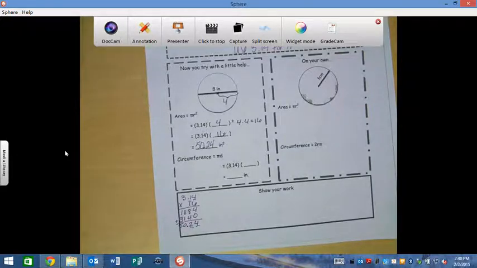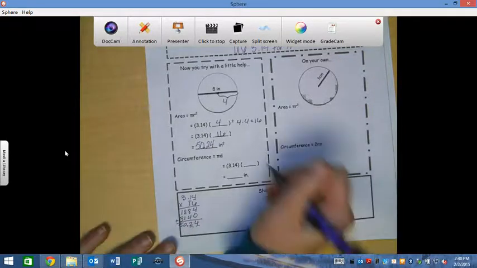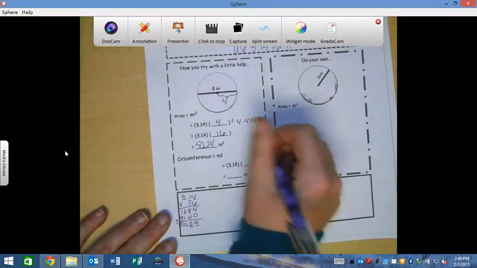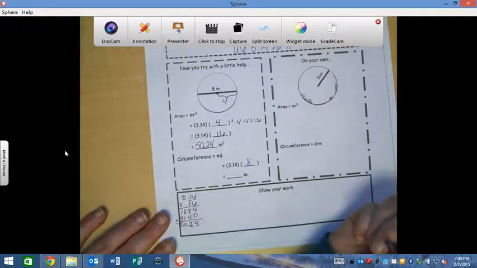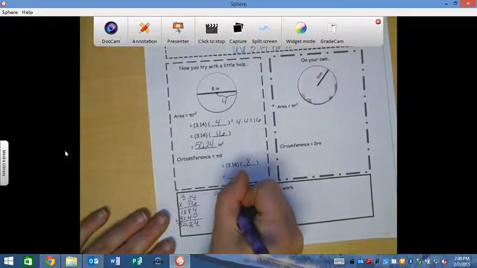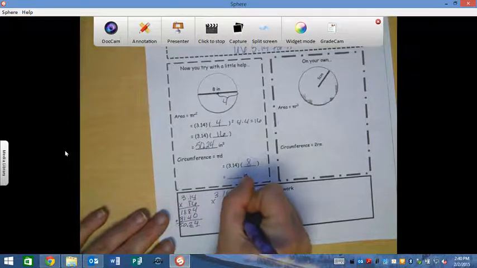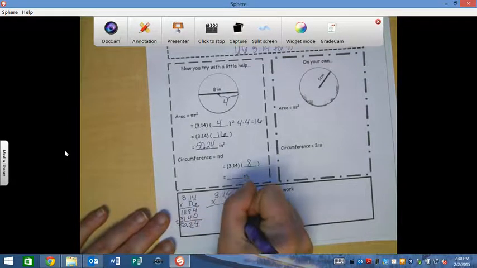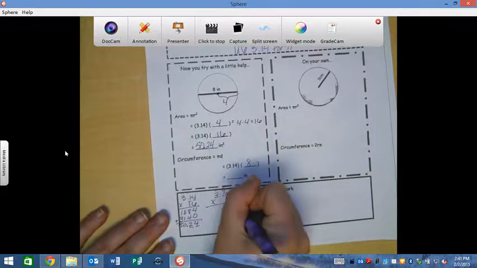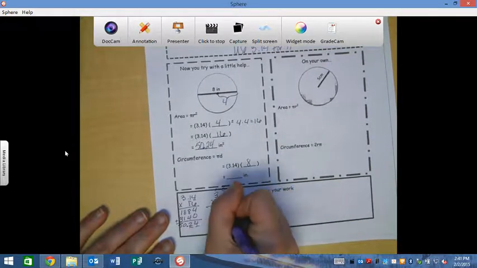Don't forget that. So for circumference, because they're giving us the diameter this time, we can do pi times 8, because 8 is our diameter. And so we'll go down here on the bottom again and do 3.14 times 8. Let's see, 8 times 4 is 32. 8 times 1 is 8, plus 3 is 11. 8 times 3 is 24, plus 1 is 25.